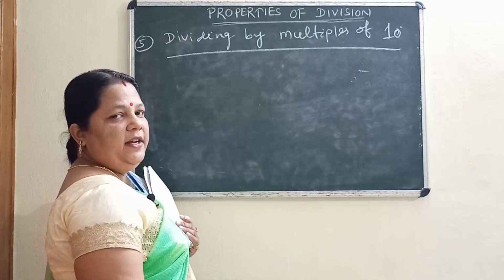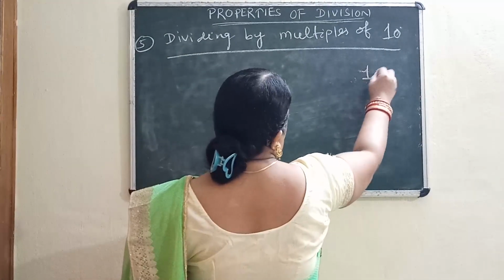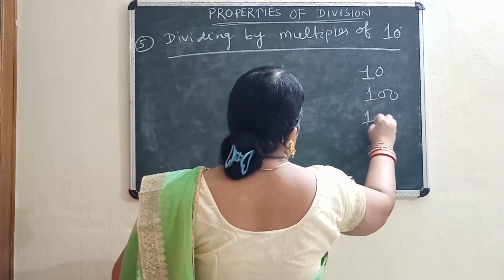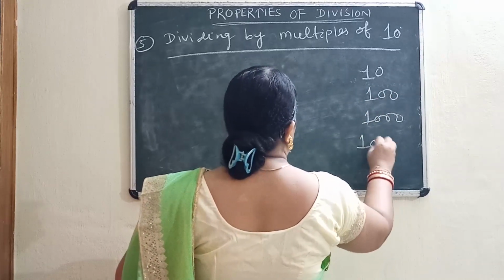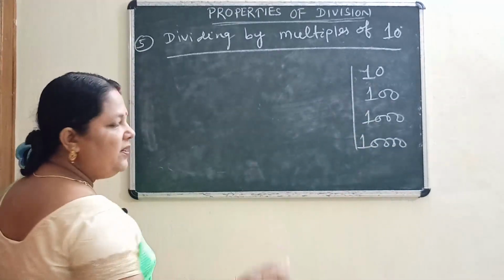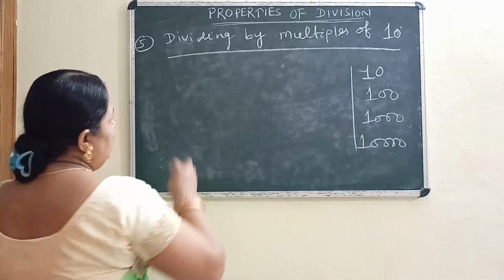Multiplying with 10, 100, 1000 is called multiples of 10. Here also we are going to discuss the same. If we are dividing by 10, 100, 1000, 10,000, all these numbers, then what to do? Without the process, how can you give the answer immediately?